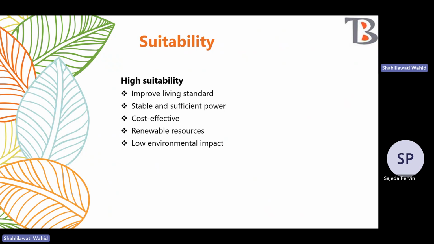The applicability of this project is high because GWVP can improve the living standard for the locals and provide stable and sufficient power for them. GWVP is also a cost-effective project because it uses renewable energy and causes low environmental impact.